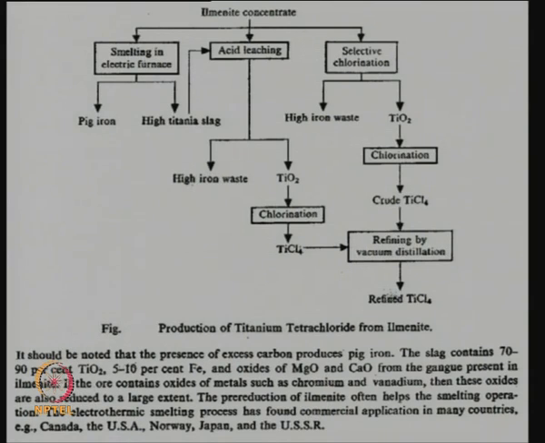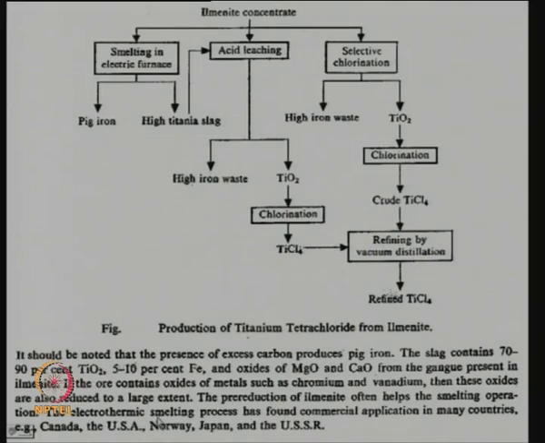The pre-reduction of ilmenite often helps the smelting production. Pre-reduction means if we initially reduce ilmenite, as I had mentioned, into Fe and TiO2, then go for smelting. Sometimes smelting becomes easier because you have already taken out iron from the FeO part.